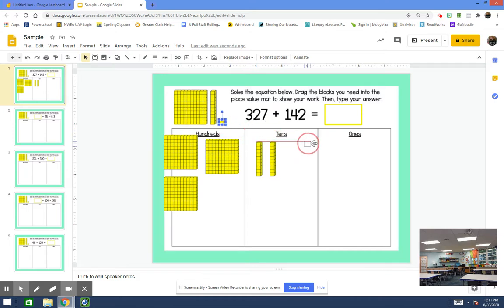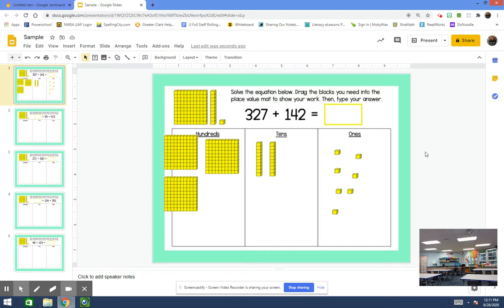So I'm going to drag 7 ones over here under the ones. 3, 4, 5, 6, 7. Okay, so there's 327, and I'm adding 142 to it.